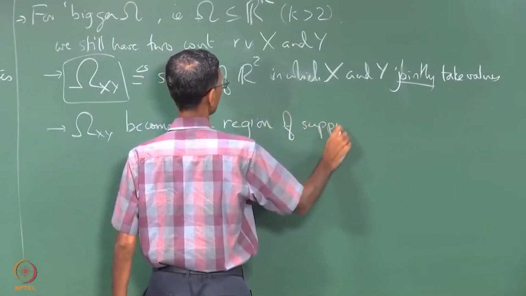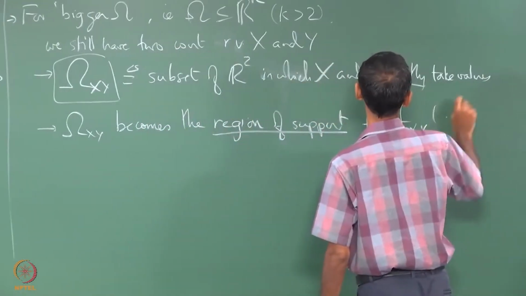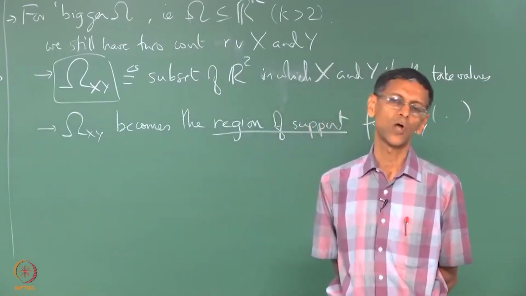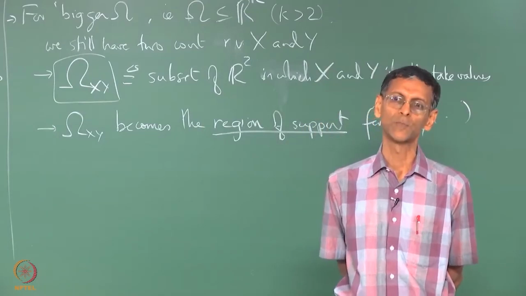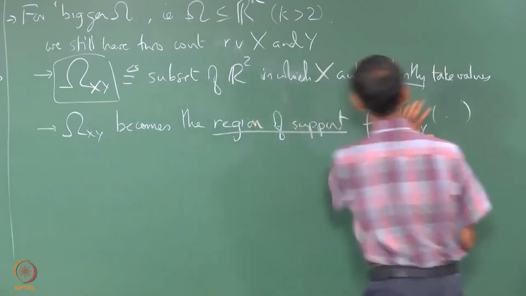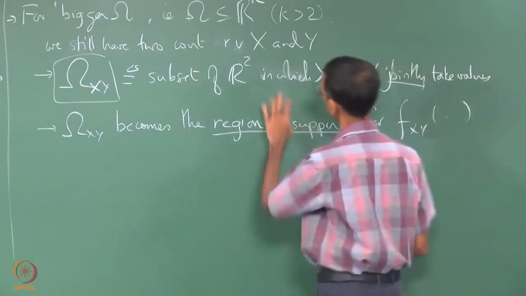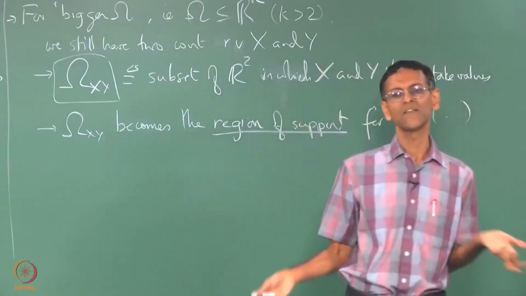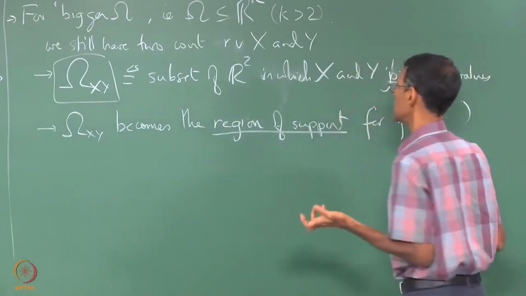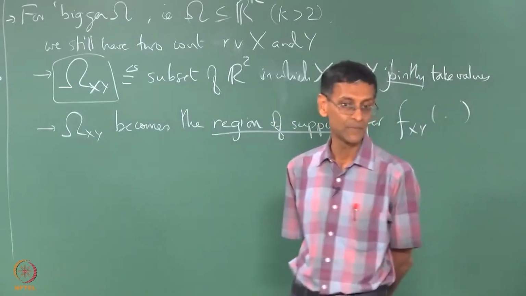Like in the 1D case you would talk of omega_X being the interval of support, here you have a region of support, the only region where f_XY has non-zero values. So if you take (x,y) outside this region of support, you guarantee that f_XY is 0. We will use this nomenclature quite frequently.